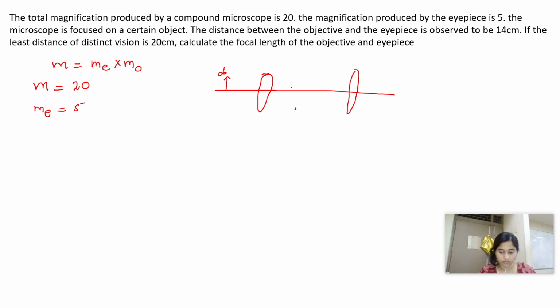The distance between the objective and the eyepiece, L, is given as 14 centimeter. The least distance of distinct vision we can take as D, 20 centimeter. We have to calculate the focal length of the objective and the focal length of the eyepiece.